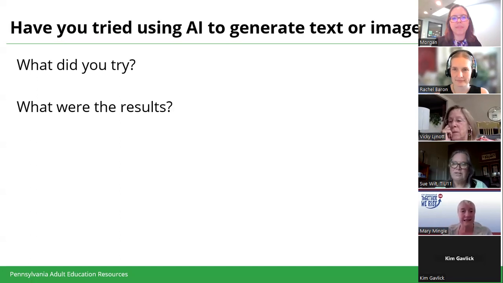Then you have to find other, maybe it's an incorrect word, but I'll use it, legitimate sources to cite, because ChatGPT cannot cite its sources. So if it gave me a fact and I was writing a paper on something, I would look someplace else that supported that fact that ChatGPT initially gave me.